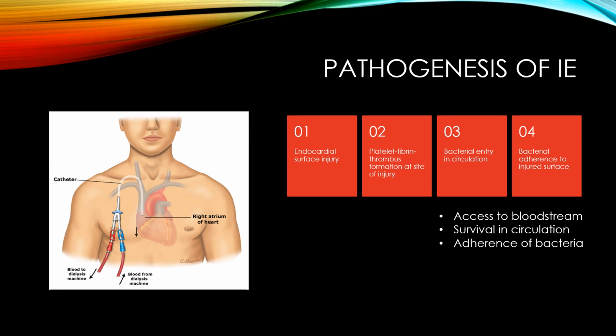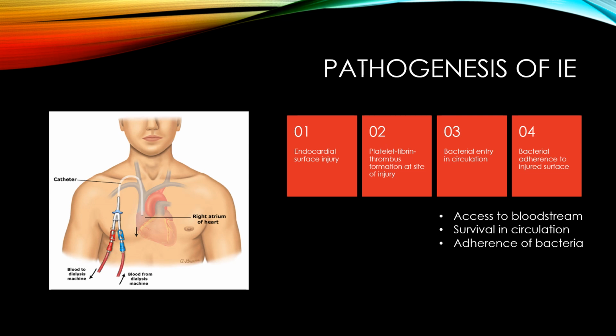So the pathogenesis of infectious endocarditis starts with typically endocardial surface injury. Now, I mentioned before that Staph aureus can actually seed the valves and the endocardial surface on normal, healthy endothelium, and that's sort of the exception to the rule. Generally speaking, if the patient has endocardial surface injury from, let's say, long-standing hypertension and some sort of regurgitant murmurs, something causing turbulent flow, they could have endocardial surface injury.